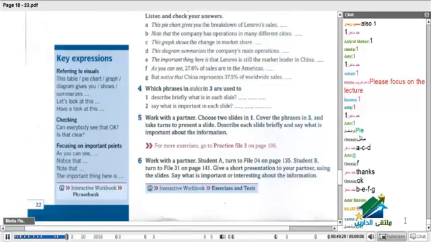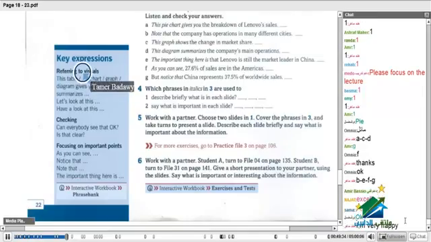So when you make the presentation, I need you to look at the key expressions here. Every unit I'm doing with you guys has some expressions. I need you to make sure that you know them and learn them by heart, in your blood.